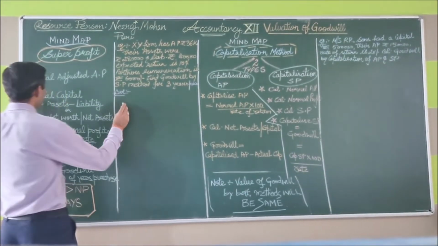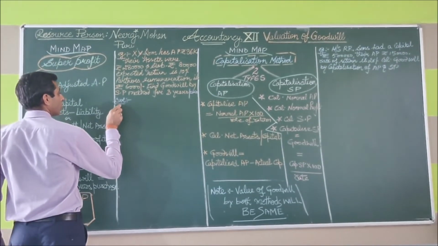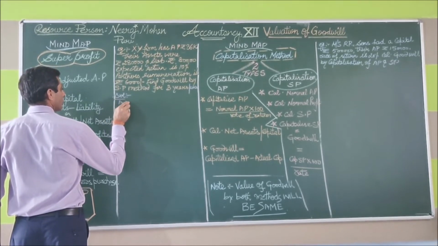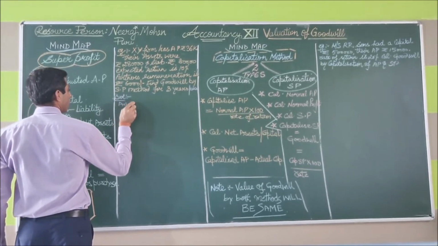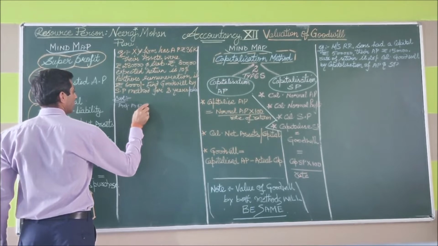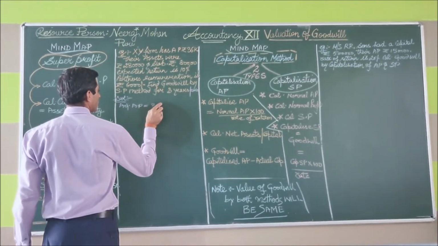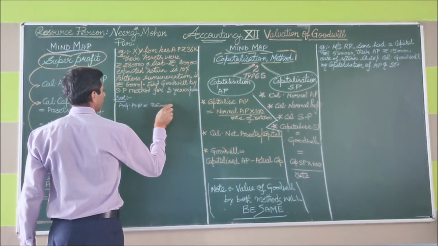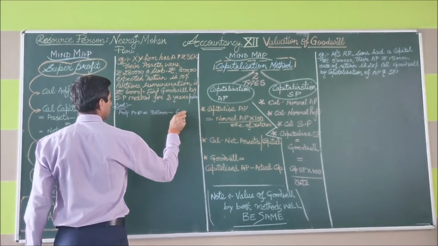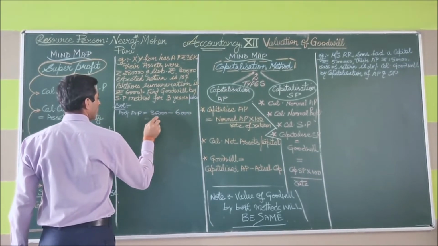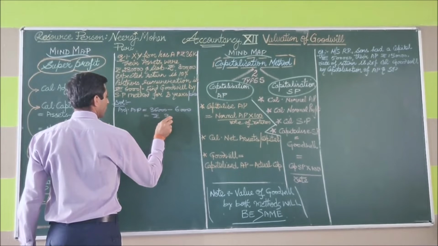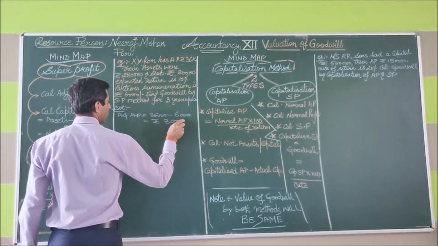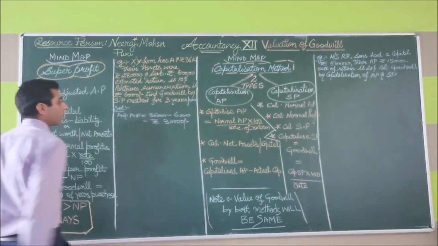Therefore, step number 1 is calculation of adjusted average profit. This will be 36,000 minus 6,000 is equal to rupees 30,000. Very simple method.